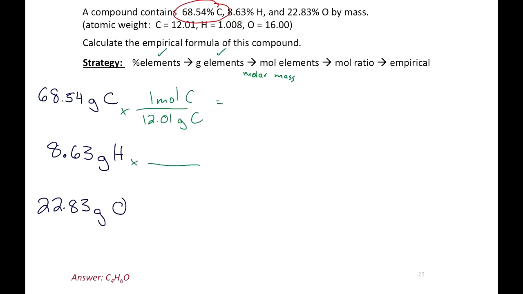Then we do the same thing for hydrogen, but we want to use the molar mass of hydrogen. So for every 1.008 grams of hydrogen, there's 1 mole of hydrogen. 1.008 came from the periodic table. If the molar mass of oxygen is 16 grams per mole, where's the 16 going to go? On the bottom. So 16.00 grams of oxygen is 1 mole of oxygen.